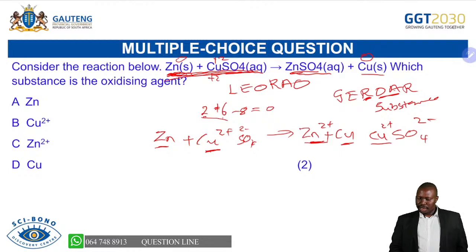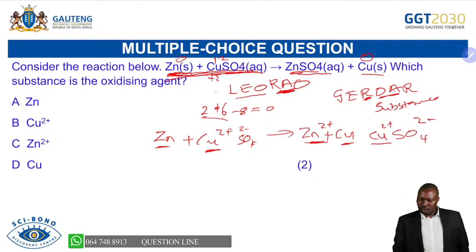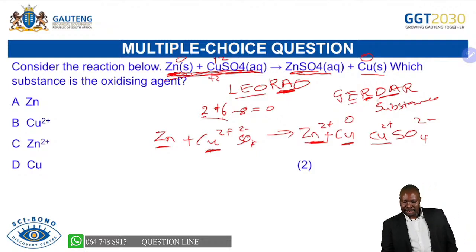So zinc is undergoing oxidation, which is loss of electrons, which means zinc is a reducing agent. Zinc is a strong reducing agent. It's reacting with Cu2+, which is copper sulfate. The Cu2+ is becoming copper, which is 0 here. So Cu2+ is undergoing gaining of electrons, which is reduction. So Cu2+ is your oxidizing agent.